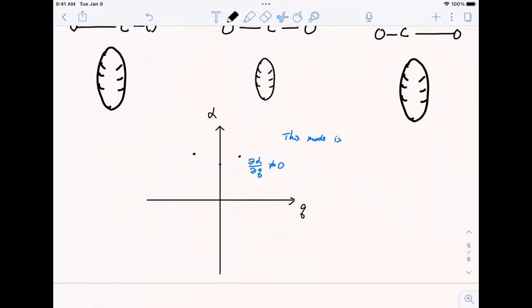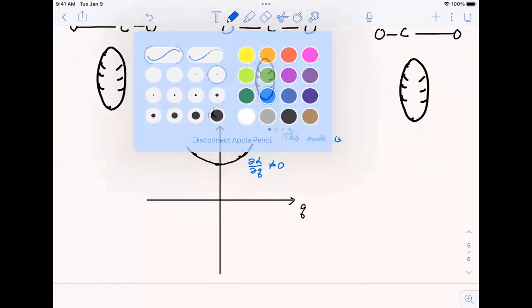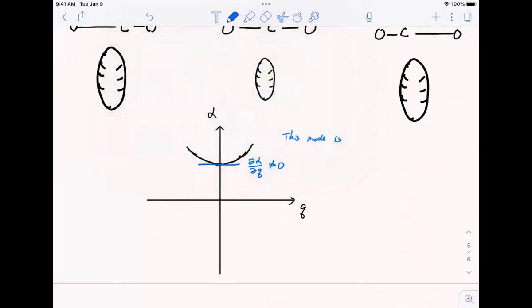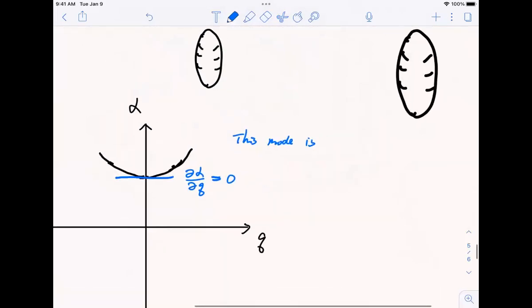Because to these two, if you connect it, they must go smoothly. Because both sides are the same. No matter whether they go up or lower, they always have a flat slope. So this mode is inactive.